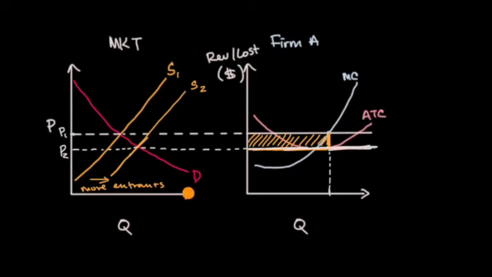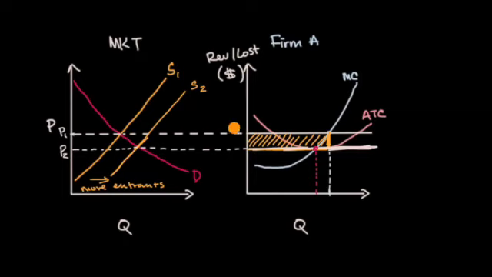Now, in this situation, what is the rational quantity for firm A to produce? Well, once again, as long as marginal revenue is higher than marginal cost, it makes sense for them to produce more and more and more up until the point that they are equal. So now firm A would want to produce less because the market price that it just has to take is less. But notice what happens as more and more entrants got into the market.